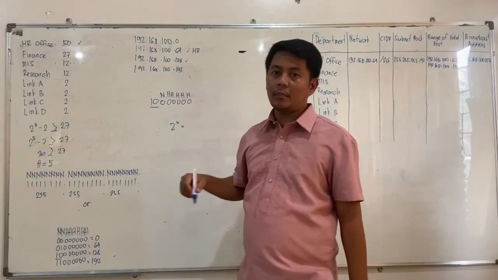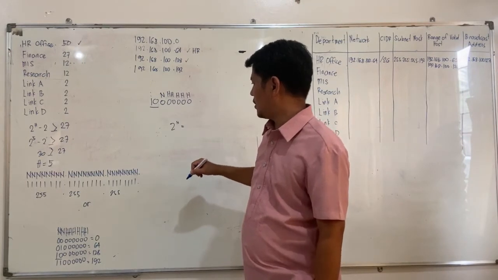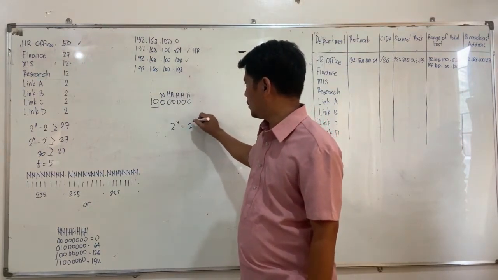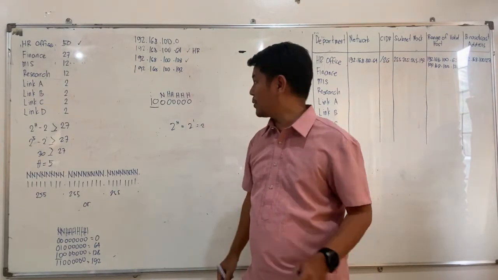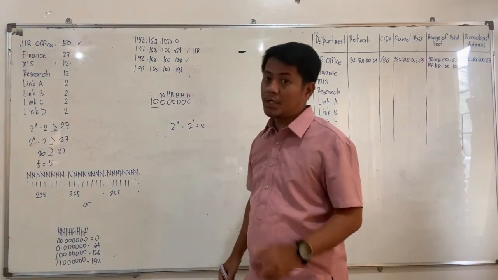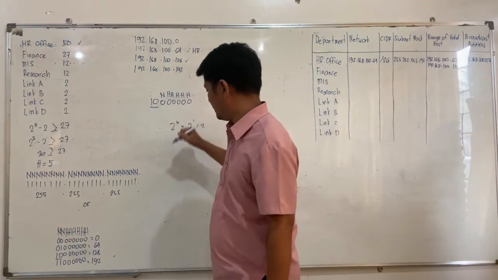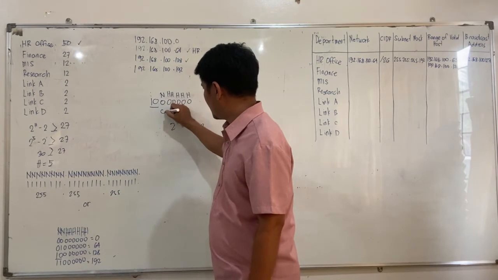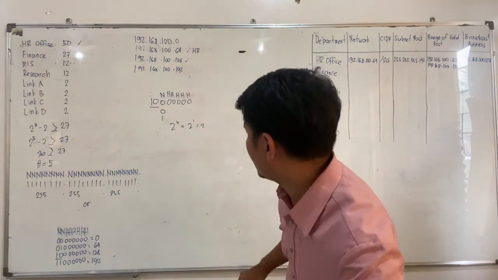how many possible combinations can we produce? 2 raised to 1 is equal to 2. We can produce 2 possible combinations here, 0 and 1.